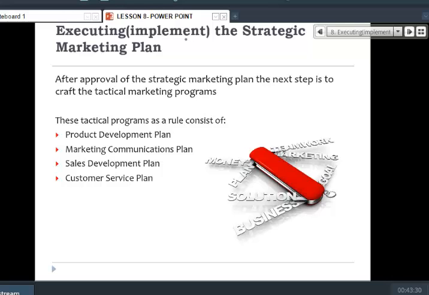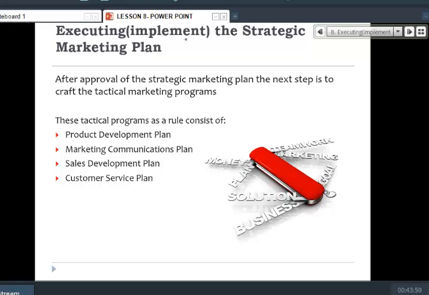We need to have a top management meeting after we write down the strategic plan. The HODs, the deputy CEO, and the CEO attend together to approve the marketing plan.